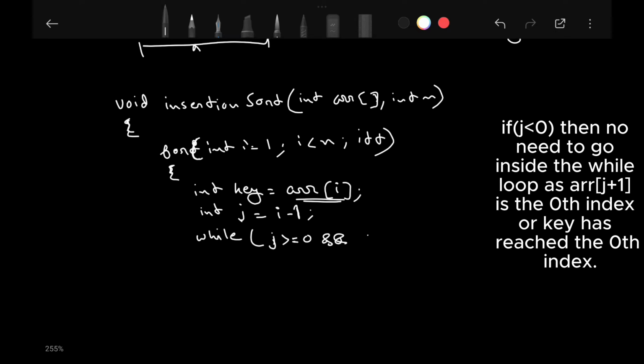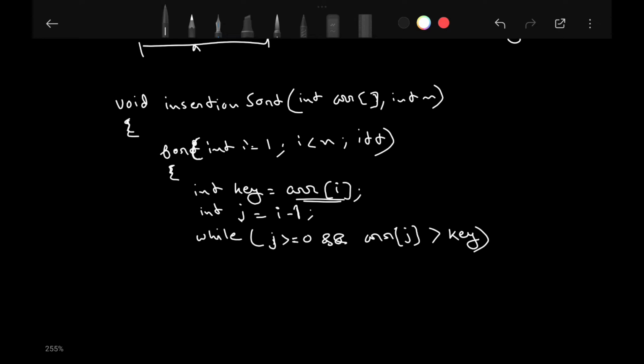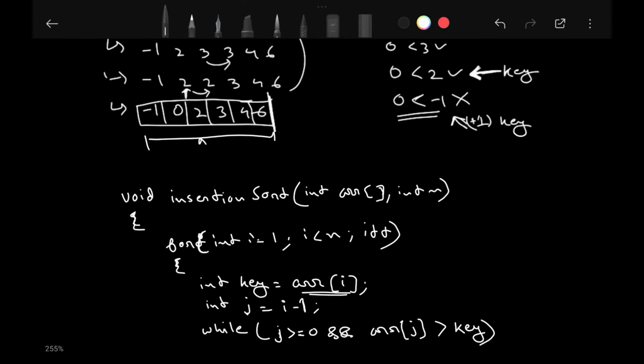And one more condition, what was that? If arr[j], that is the previous element of the key, is smaller than the key, then we don't need to perform the shift, because the key is already present in its correct position, as I have told you earlier.